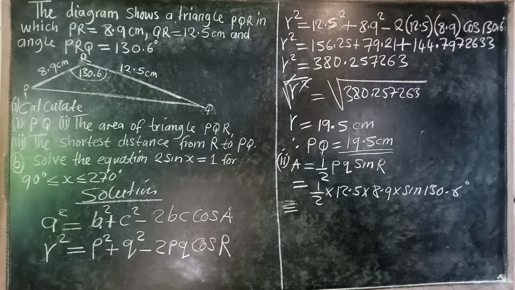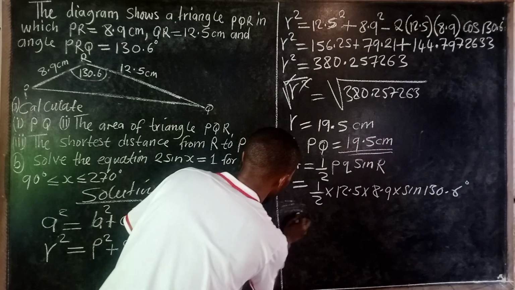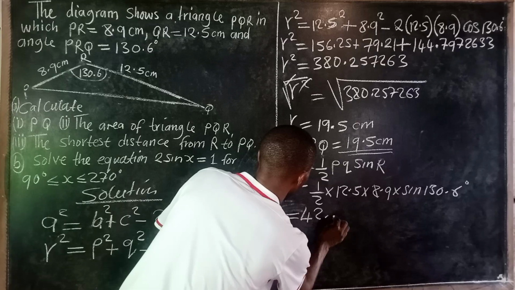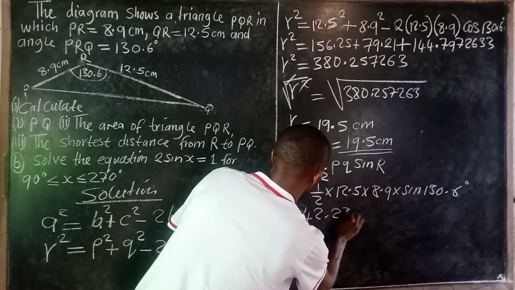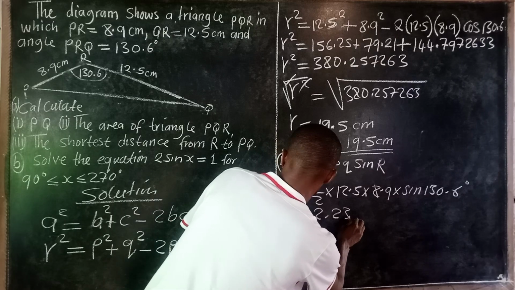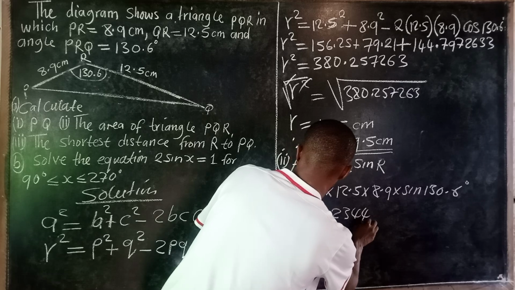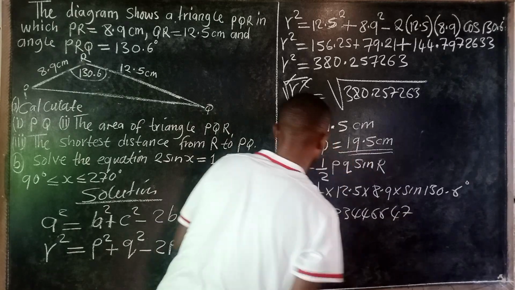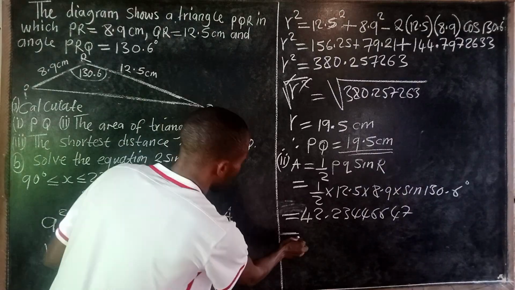What is the answer? So the answer that you are getting here is 42.2344664 7. Okay, so that is our area.